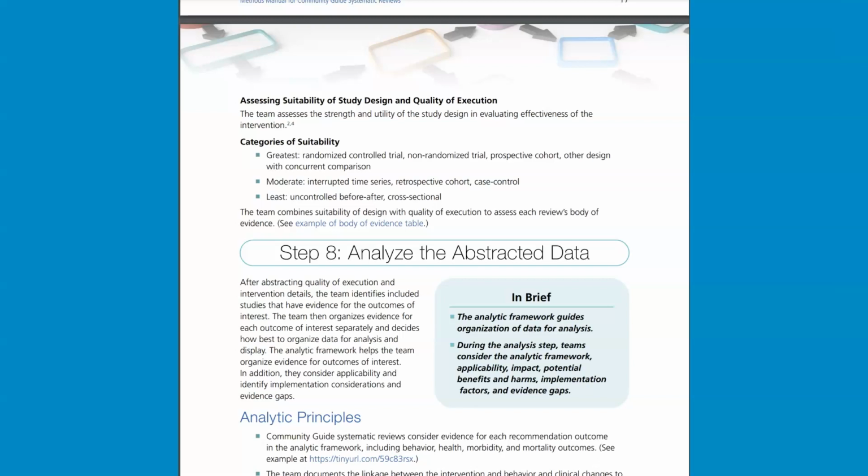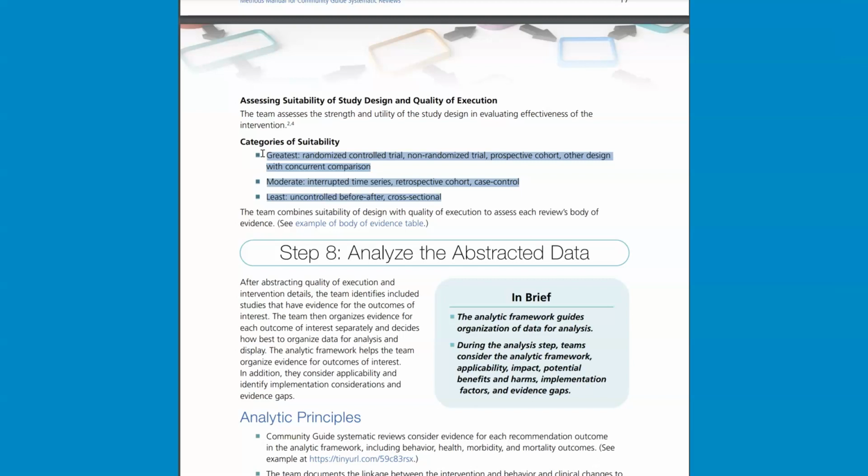Next is assessing suitability of study design and quality of execution, and then categories of suitability. Which ones are most suitable? There are two things that these categories do. This is one that you really should know very well, especially if you're doing quantitative research, like the back of your palm.